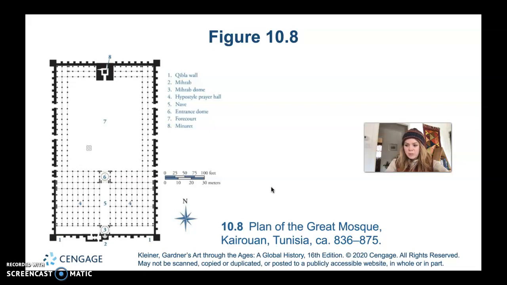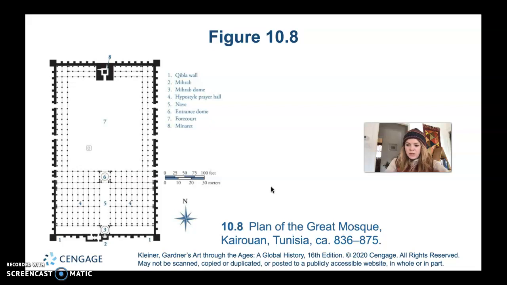The word mosque in Arabic means place of prostration. And this is where they would gather for their daily 5 prayers. It's also referred to as the congregational mosque, and also called a Friday mosque, because they typically hold congregation on Fridays and not Sundays. So they're a little different.